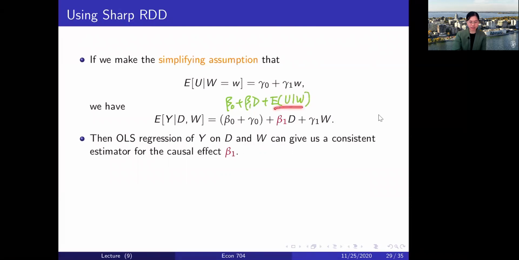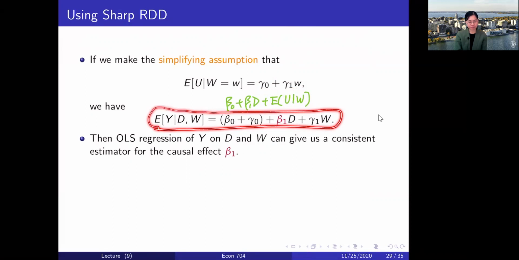And E[U | W] is gamma 0 plus gamma 1 W. Then you plug that in here, and you're going to get beta 0 plus gamma 0 plus beta 1 D plus gamma 1 W. So we have obtained a linear conditional mean model.